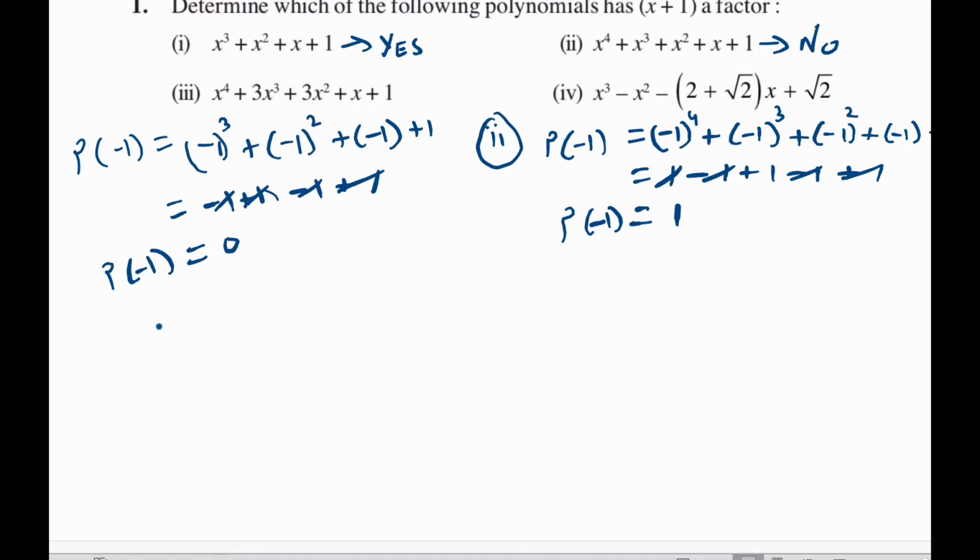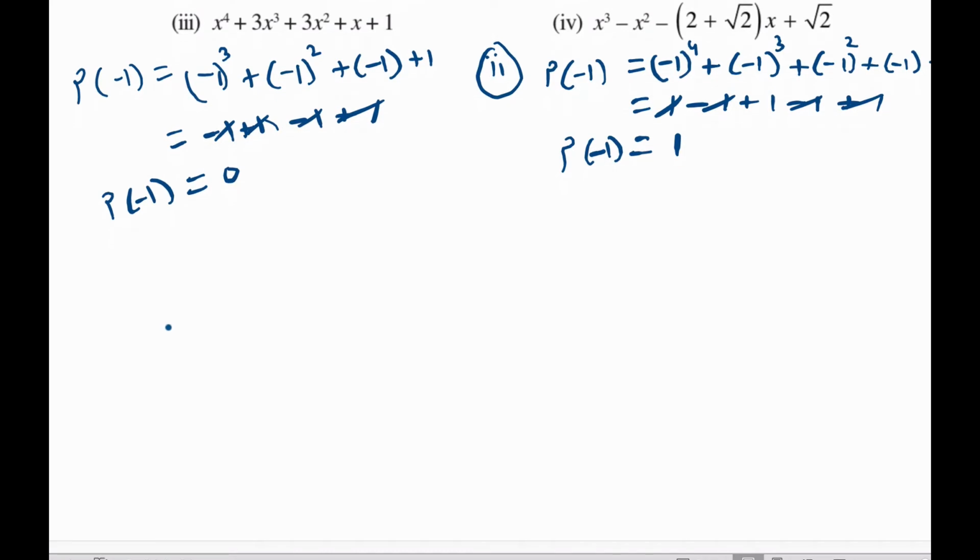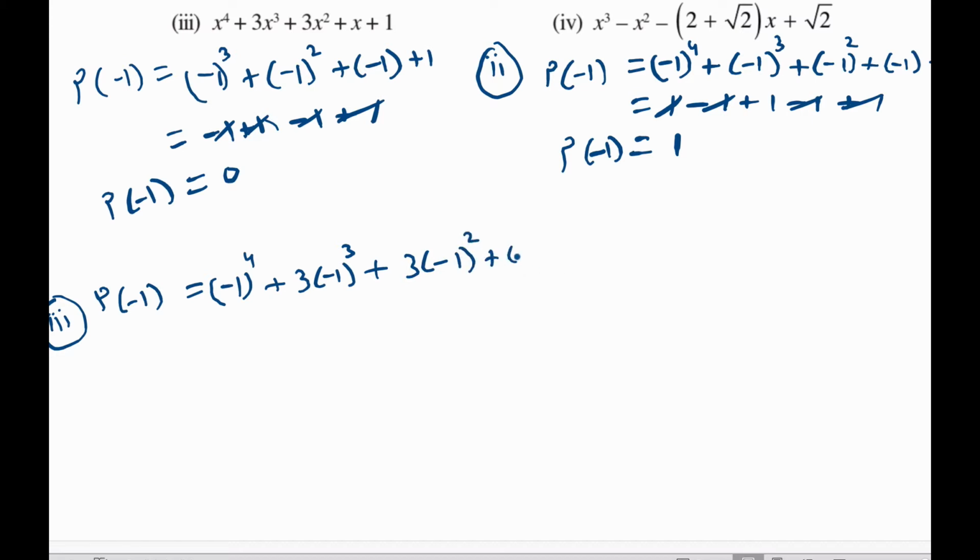Moving to the third part. Again we will substitute it. P of minus 1 should give me minus 1 raised to power 4 plus 3 into minus 1 raised to power 3 plus 3 into minus 1 raised to power 2 plus minus 1 plus 1.